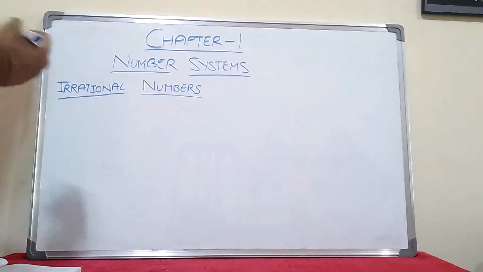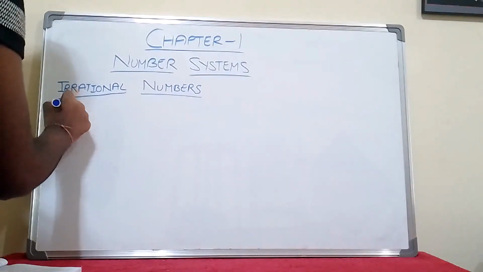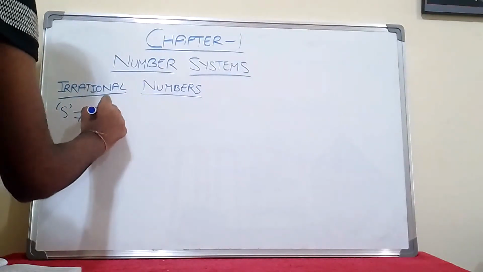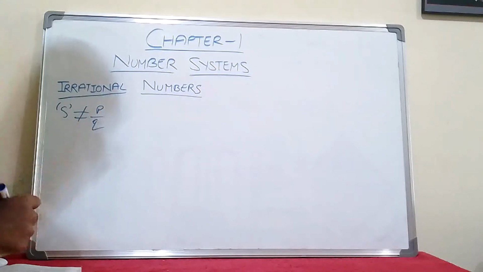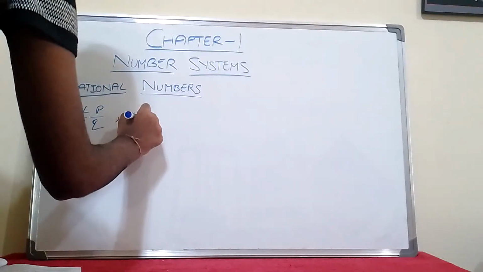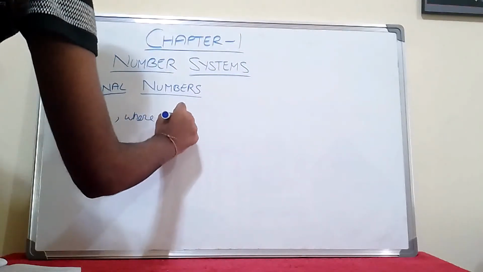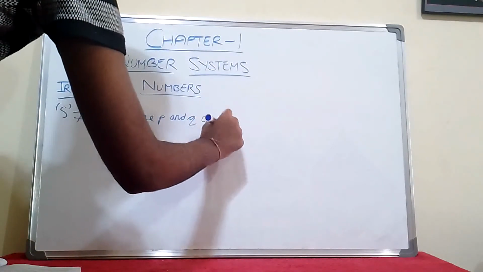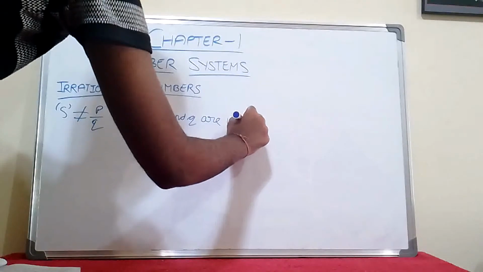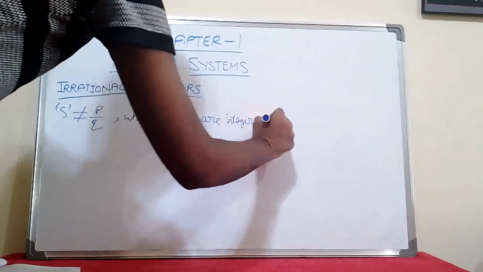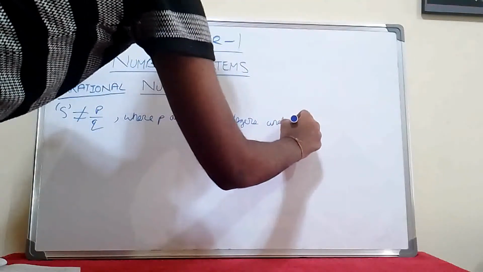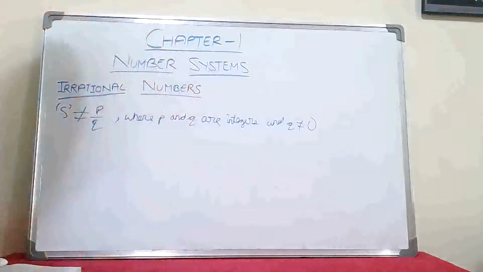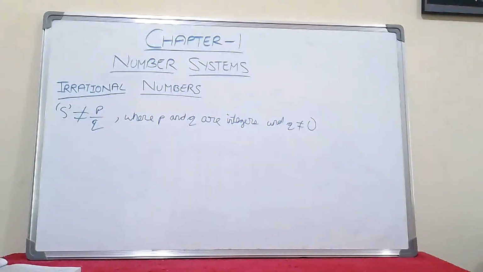For example, take any number s, which cannot be shown in the form of p by q, where p and q are integers and q is not equal to 0. So an irrational number is any number which cannot be shown in the form of p by q.